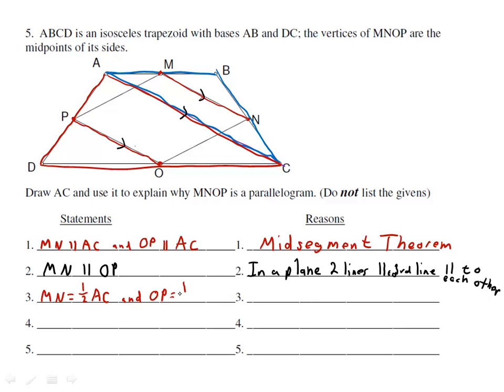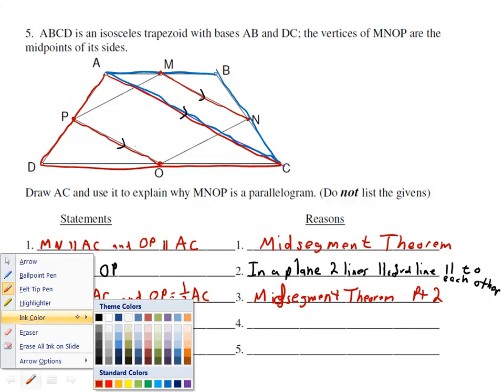I think you can see where we're going with this now, and that's by the mid-segment theorem, part 2, although we don't really need to say that. It's just mid-segment theorem.